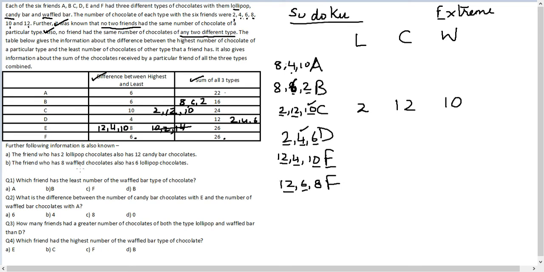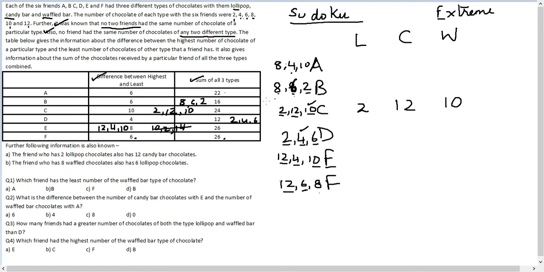Another, the friend who has 8 waffled chocolates also has 6 lollipop chocolates. 8 and 6 have to come here together. I could have this being distributed here.